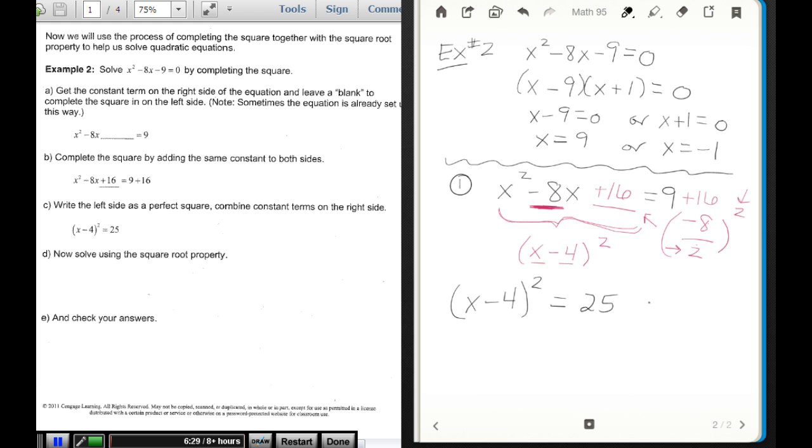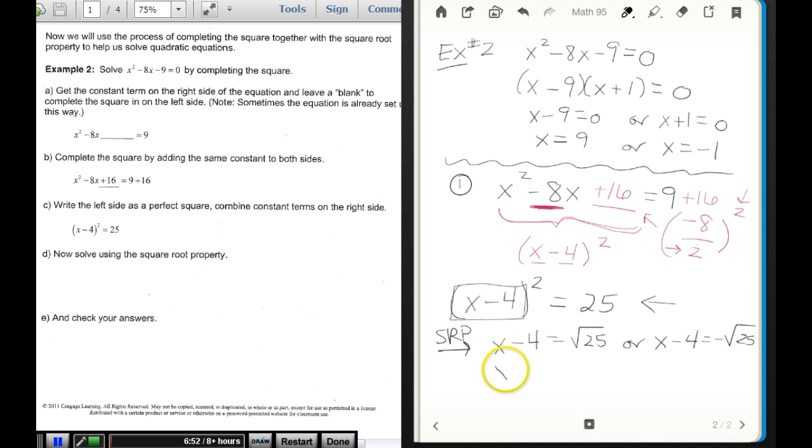Okay, this equation is a perfect candidate for the square root property because again it says something squared equals 25. So let's apply the square root property. And what we get is x minus 4 equals the square root of 25, or x minus 4 equals negative square root of 25.